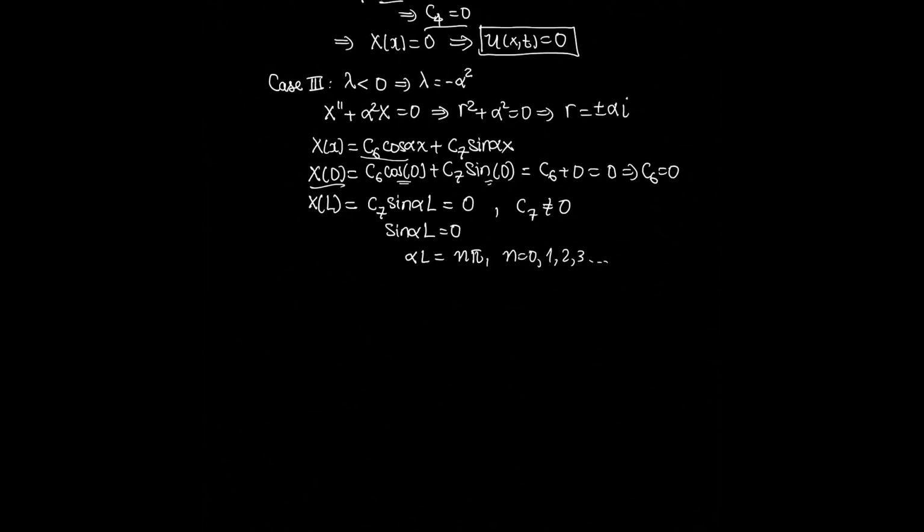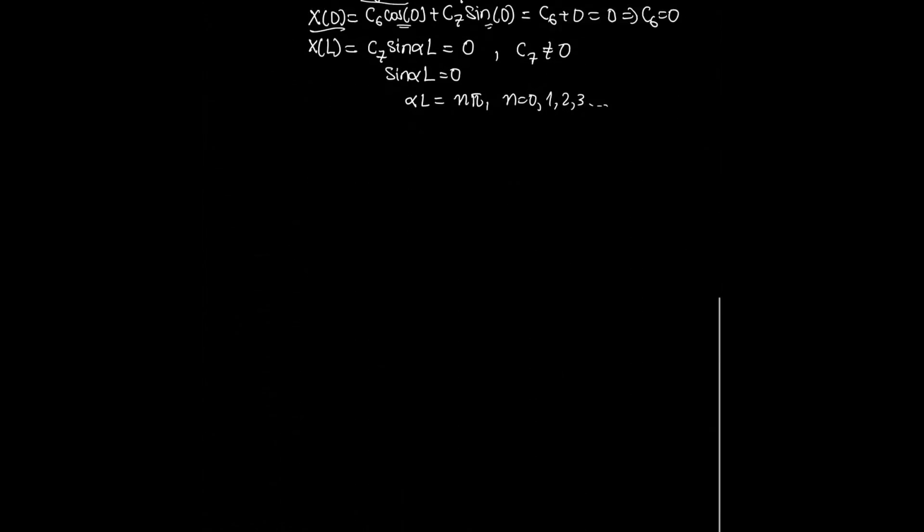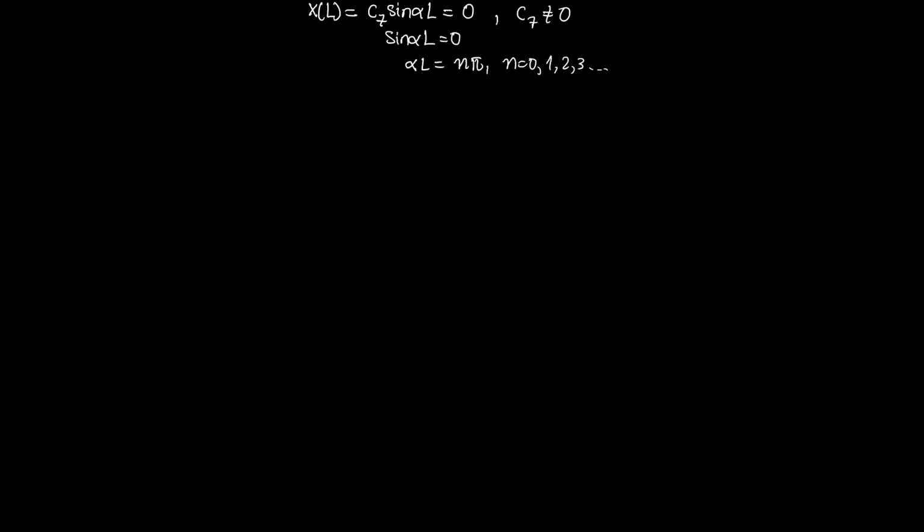Notice that if n equal to 0, then everything is just 0, alpha just leads to 0. There's no really a good solution there. So I'm going to say n starts from 1, 2, 3, and so on. So from here, alpha equal to n pi over L.